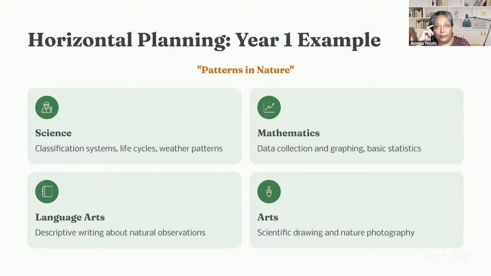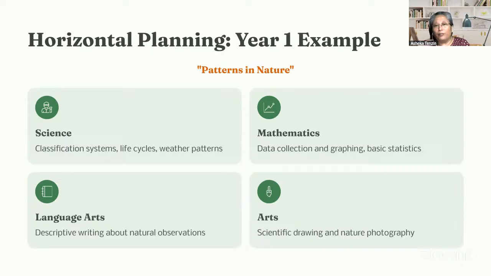And maybe in mathematics, the students are doing data collection and graphing and basic statistics. In language arts, the student will be learning about descriptive writing. Okay. And in arts, you can look at scientific drawing and nature photography.